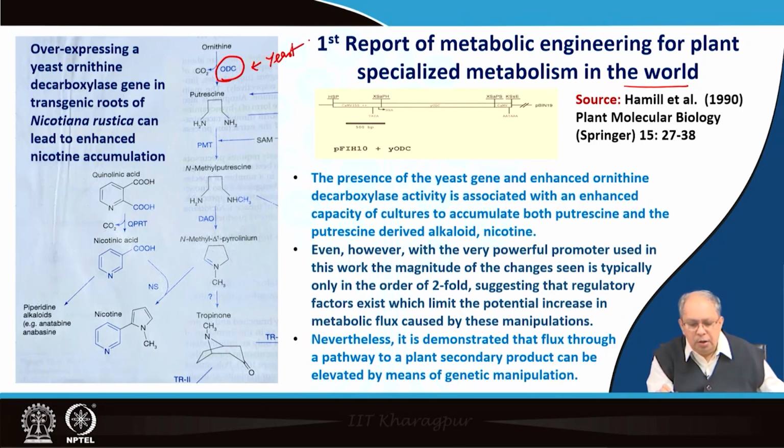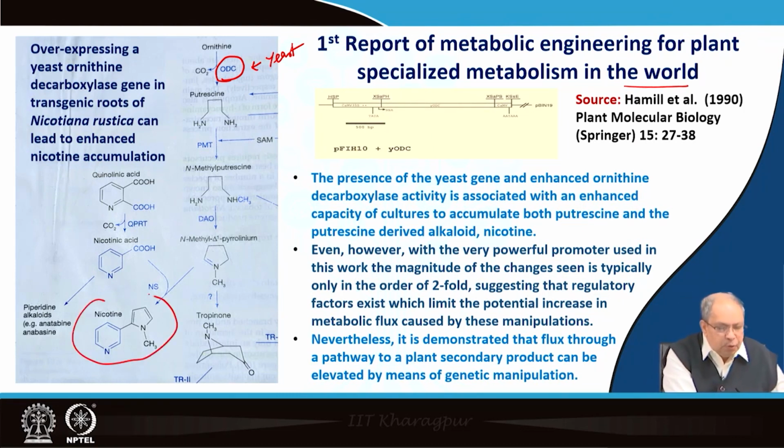They had in their mind that if they take a heterologous gene, there are fewer chances of gene silencing than with the plant gene itself, and the yeast ornithine decarboxylase has the same function, which converts ornithine to putrescine. They expressed it in tobacco, and wanted to see what happens to the nicotine content.